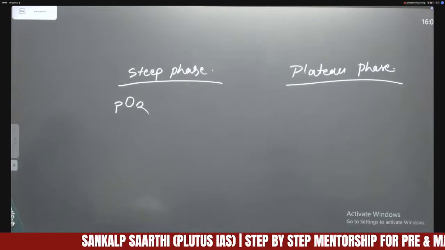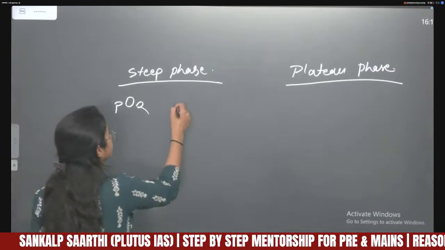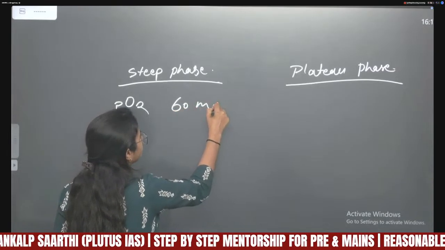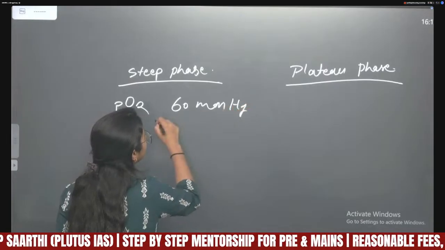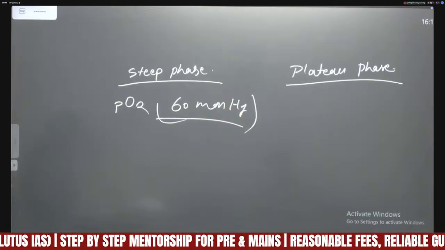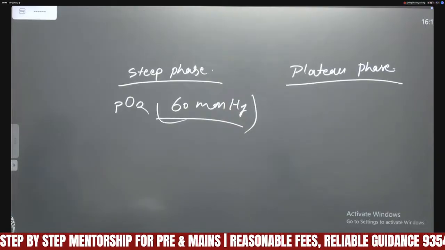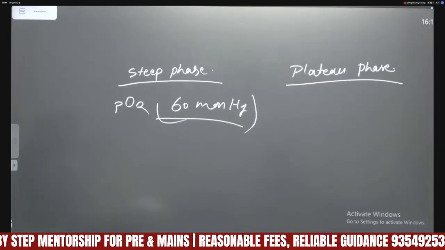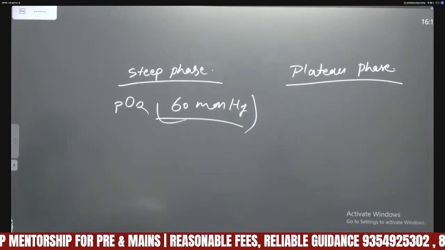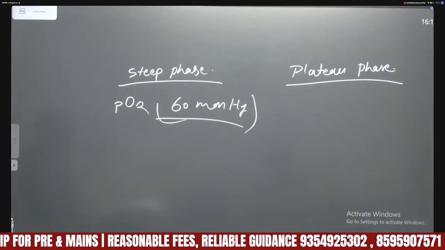bracket, typically below 60 mmHg. Full stop. In actively metabolizing tissues, इसी में कंटिन्यू करना है स्टीप फेज में.